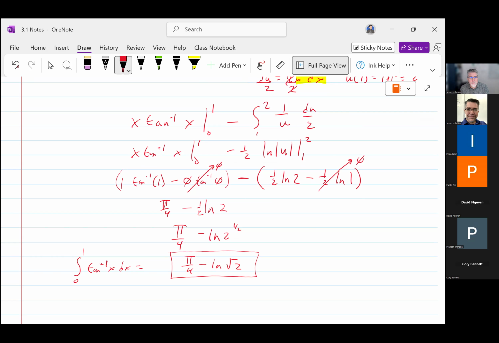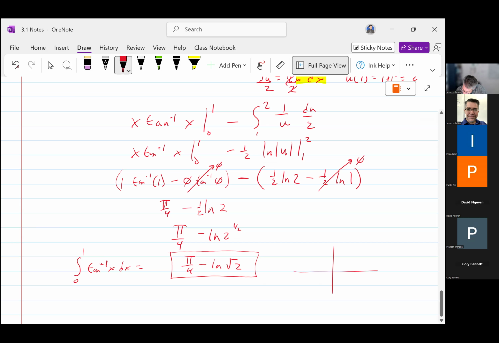You're taking an inverse trig, which is a complicated function, and your answer is in terms of pi, which is one of the most famous irrational numbers, and then you also have the natural log of the square root of 2. So we have a square root, which is irrational, and a natural log, another complicated function. So that's some powerful math here, right?